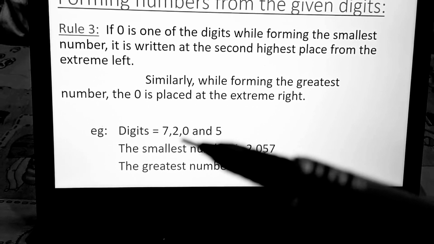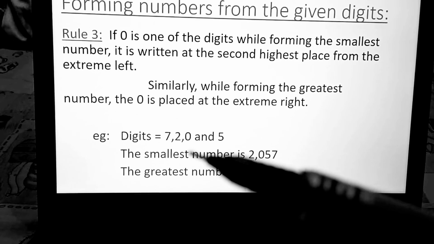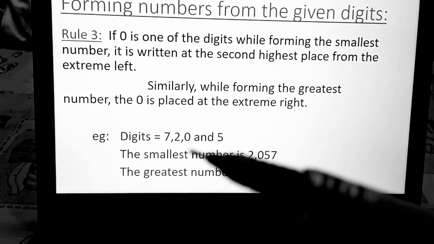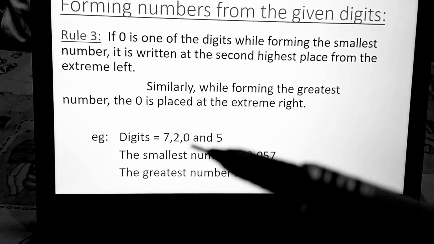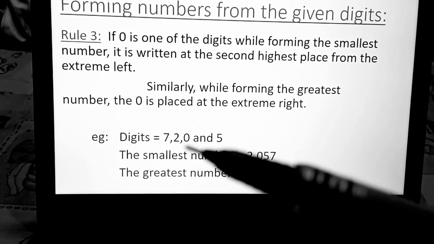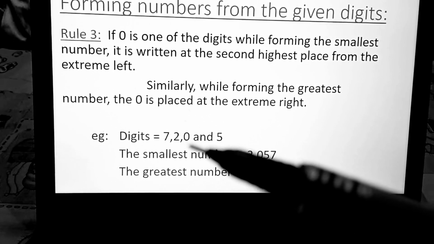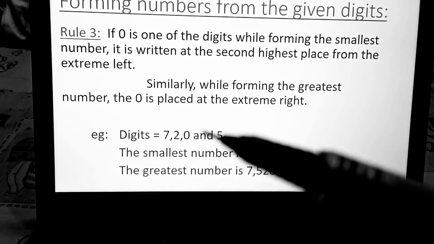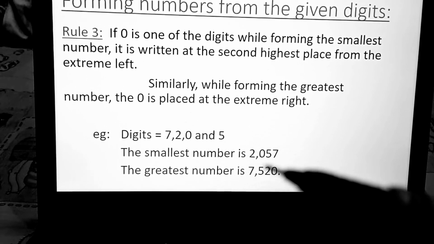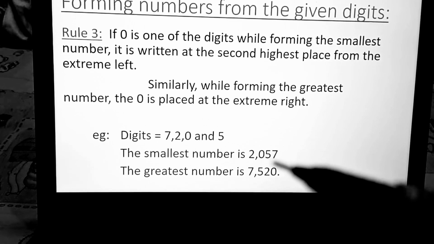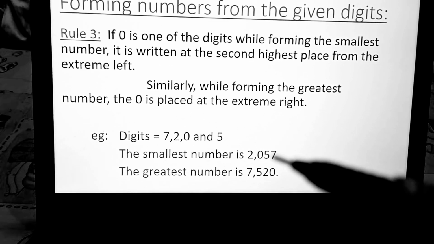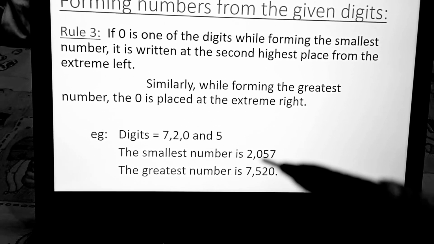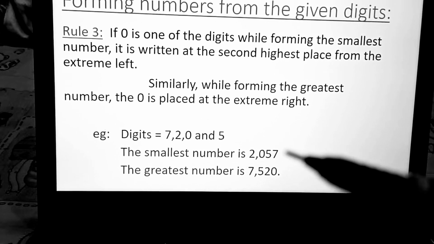Yes, definitely it is 0. But when we form the smallest number, we don't start from the 0. We write it at the second position. So after 0, which is the smallest? 2. So we write 2 at first and then we write 0. So we write 2, 0, 5, 7. Clear? From 0 you will not start when we are forming the smallest number.